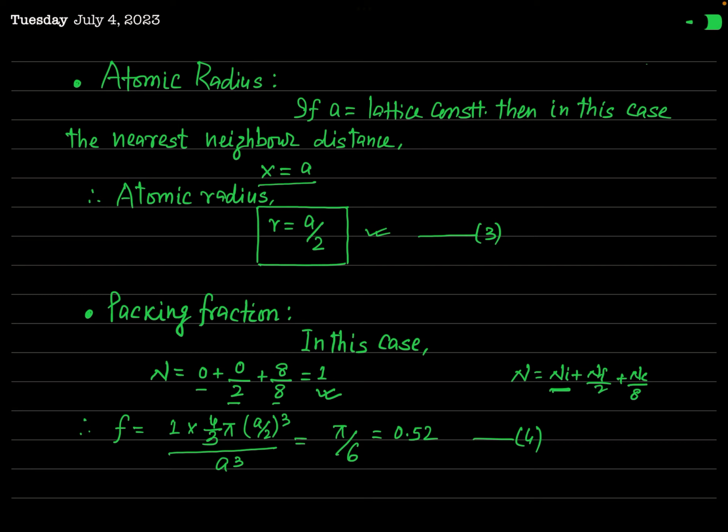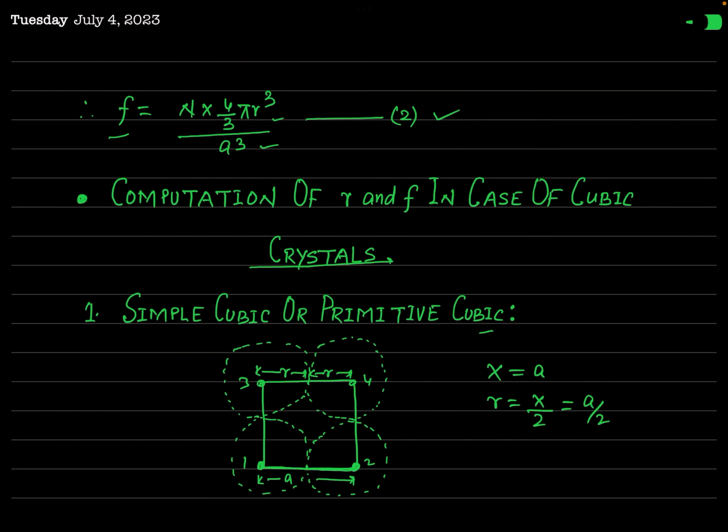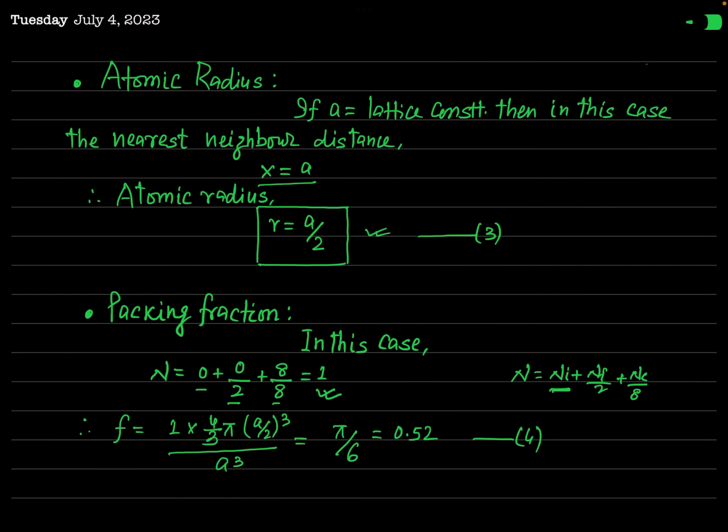Now we will substitute the value of n, the volume of one atom, and the volume of the unit cell in formula 2, which is the formula for calculating the packing fraction. After substituting, you can see f will be equal to what?